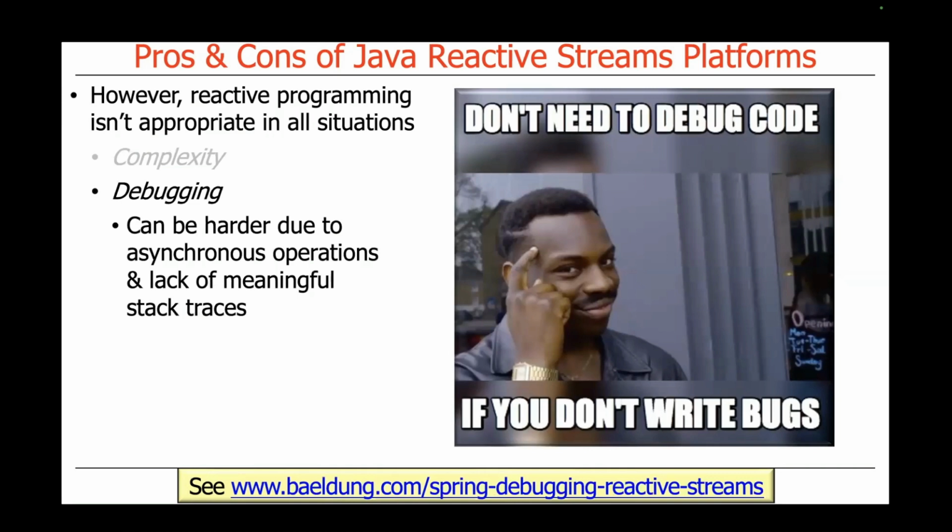Another challenge here, of course, is that debugging reactive programs and programs with asynchronous operations can be difficult due to the lack of meaningful stack traces and the fact that it's just hard, when you start having things running asynchronously, to know when they run and how to set the breakpoints and what to do if something goes wrong. And of course, if you don't write bugs in the first place, you don't need to debug your code, but that's always easier said than done.